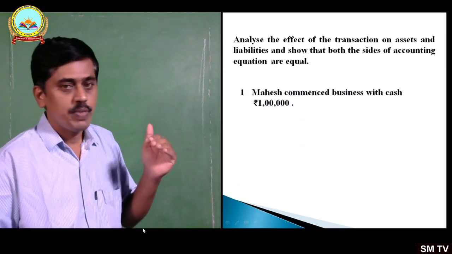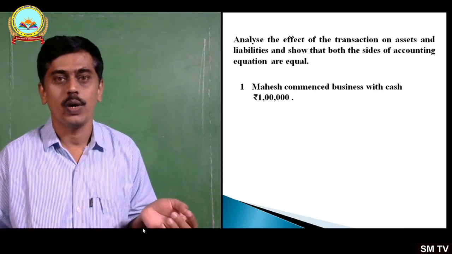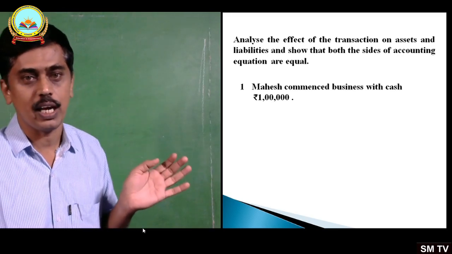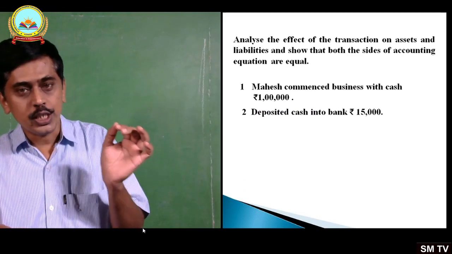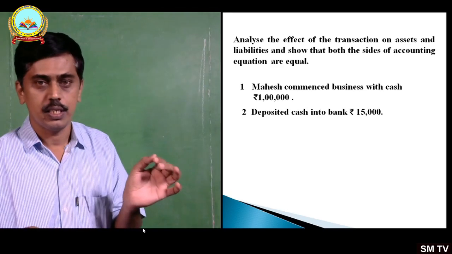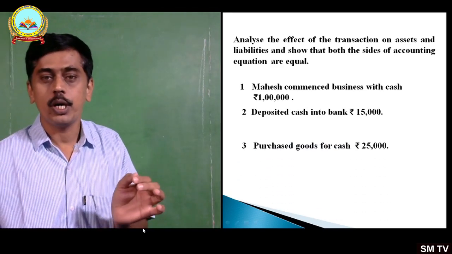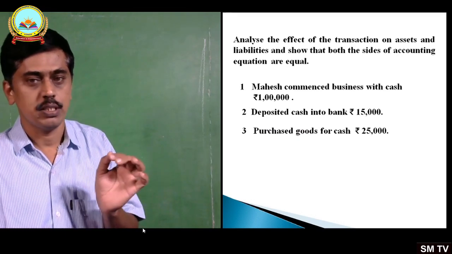First one: Mahesh commenced business with cash rupees 1 lakh. Second one: deposited cash into bank rupees 15,000. And third one: purchased goods for cash rupees 25,000.